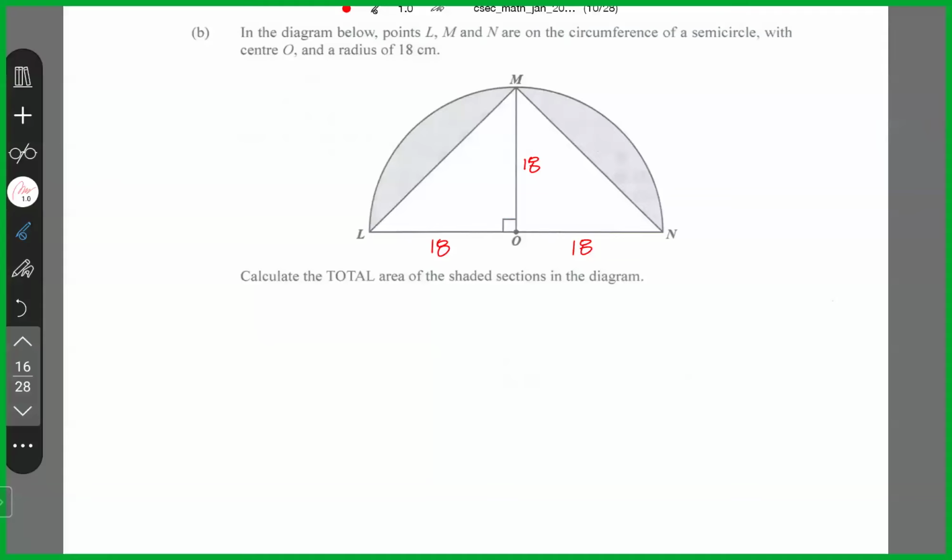So the area of the shaded section would be equal to area of the semicircle minus the area of the triangle.